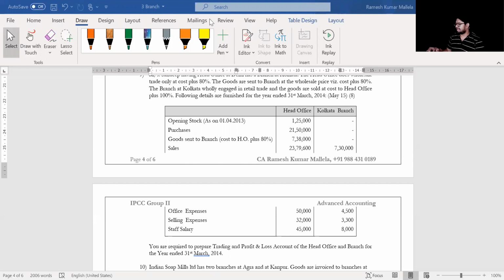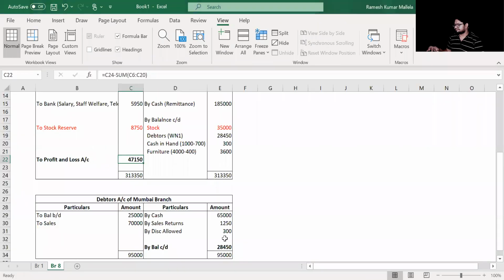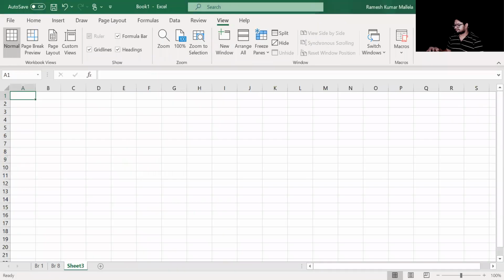So let me go ahead and do it in the Excel sheet. I'll open a trading P&L account for both together. I mean to say, in the same trading P&L account, we will have both columns, that is your head office Delhi column and also Kolkata column.